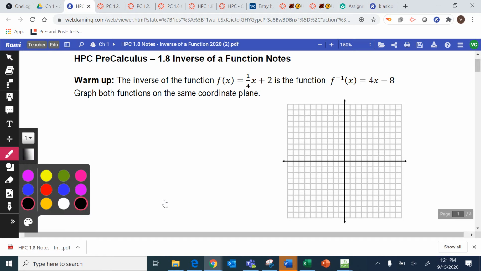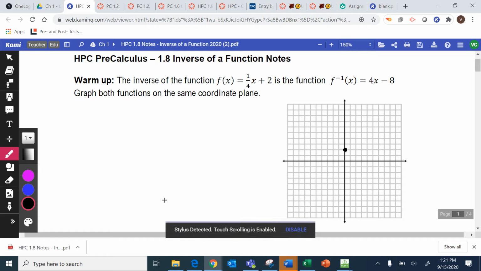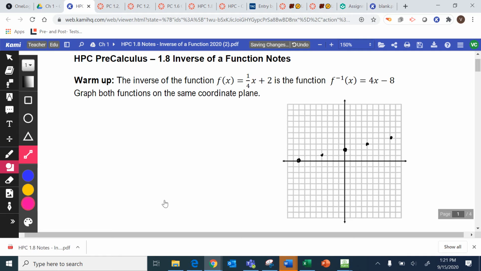Okay, so I've asked you to graph the function f(x) = 1/4 x + 2. So we're going to start at 2 on the y-intercept, go up 1 over 4. Here's my line, straight line.